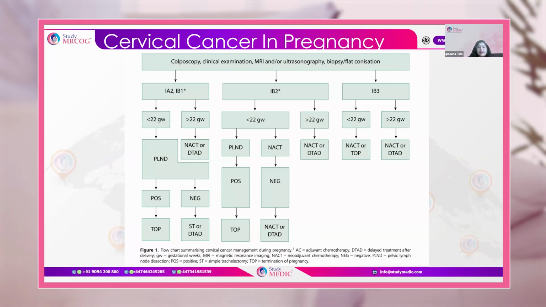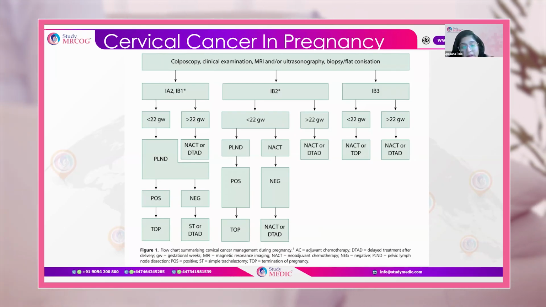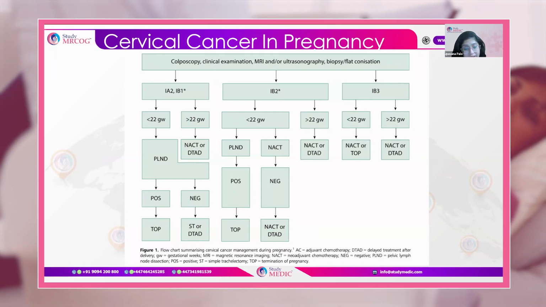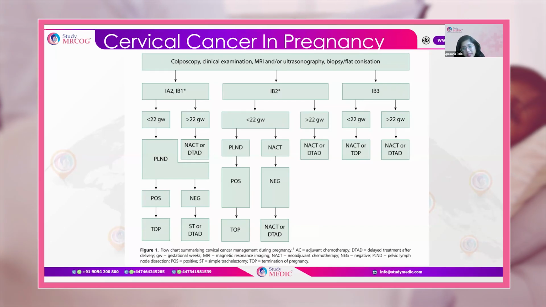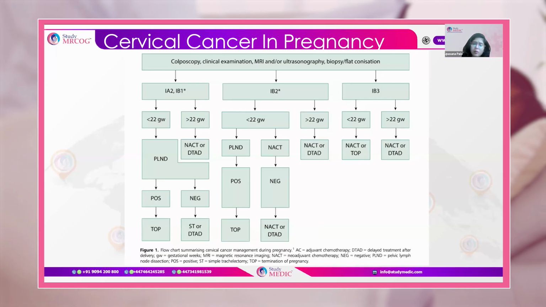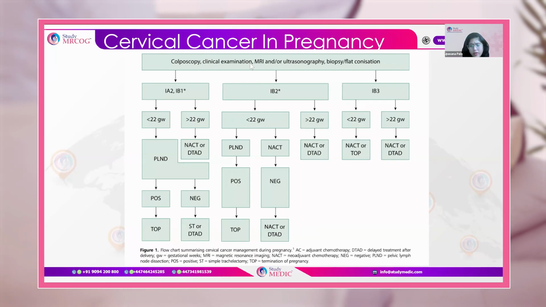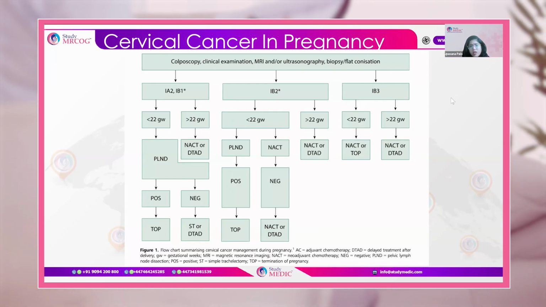So it's better, in case she is diagnosed at a later gestation, that is greater than 22 weeks, you wait, or while waiting, you can give her neoadjuvant chemotherapy in the form of carboplatin and paclitaxel. Okay, so that is fully acceptable.